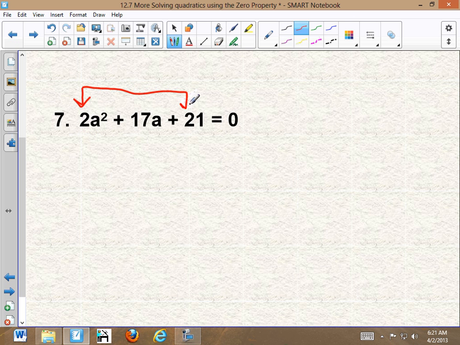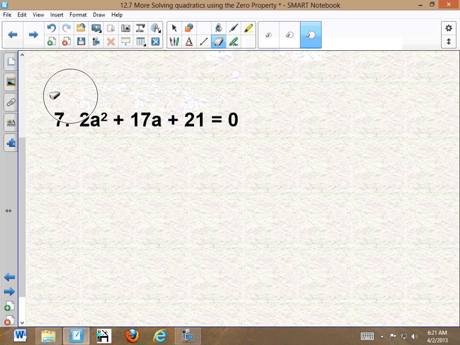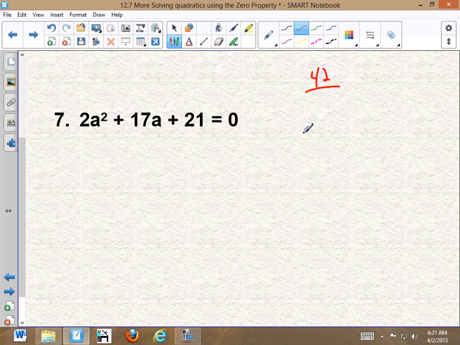So now I have to multiply A times C. Remember? This is A, this is B, this is C. So I multiply A times C. 2 times 21 is 42. So now I need two numbers that multiply to give me 42, but add up to 17.